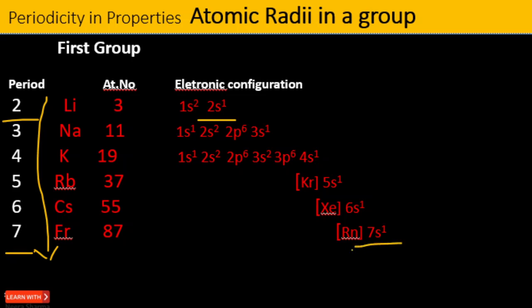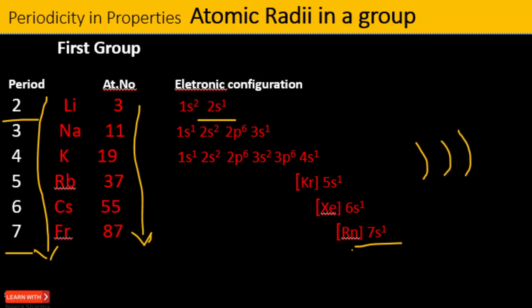As we go down a group, the number of shells are increasing, so the size is increasing. The atomic number is also increasing, but this decrease in size due to increase in the atomic number is less than the increase in size due to formation of an extra shell.